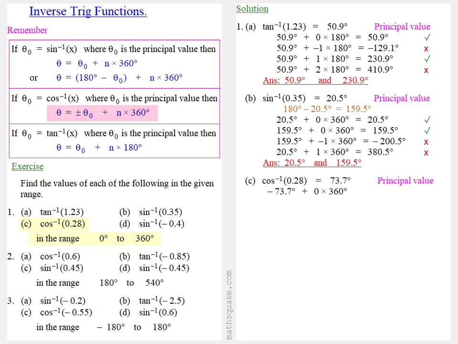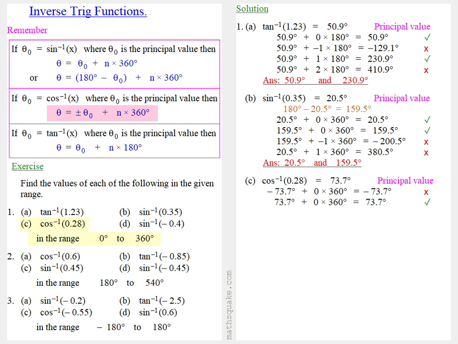Now, if we let n equal 0, then minus 73.7 degrees plus 0 times 360 is minus 73.7, which is below 0, so we don't want that solution. If we take the positive value, 73.7 plus 0 times 360, we get 73.7, which is in the region we want.